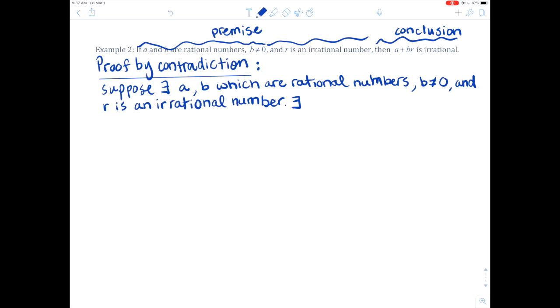There's going to have to exist, I don't know what you want to use. We have a lot of letters going on here, right? I guess we can use I and J and stuff. All right, so there exists an I, J, K, and L, which belong to the integers, such that J is not equal to 0, and L is not equal to 0.